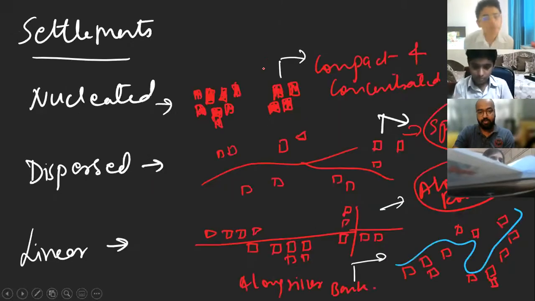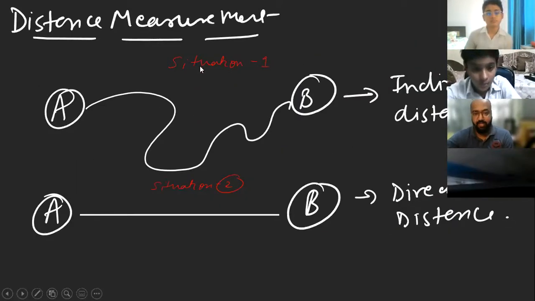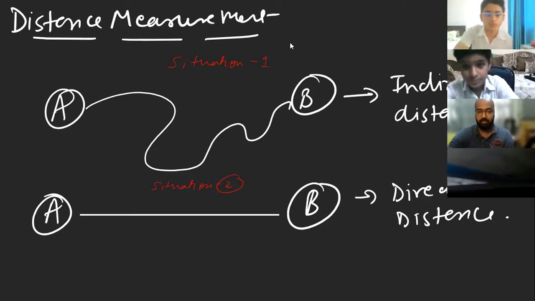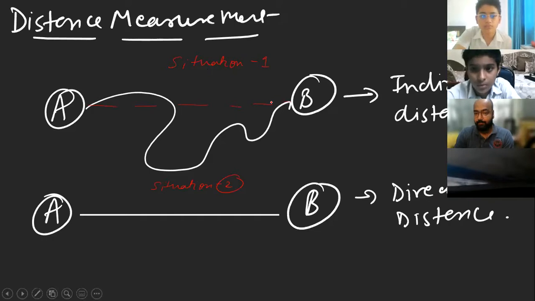Now situation 1 has indirect distance. Why is it indirect? Because there is no straight way to go to point B. Exactly.